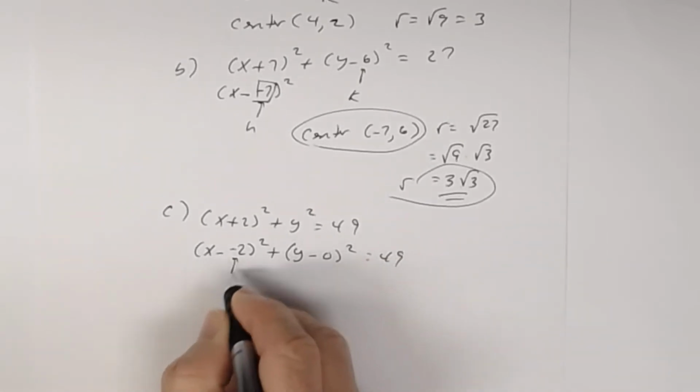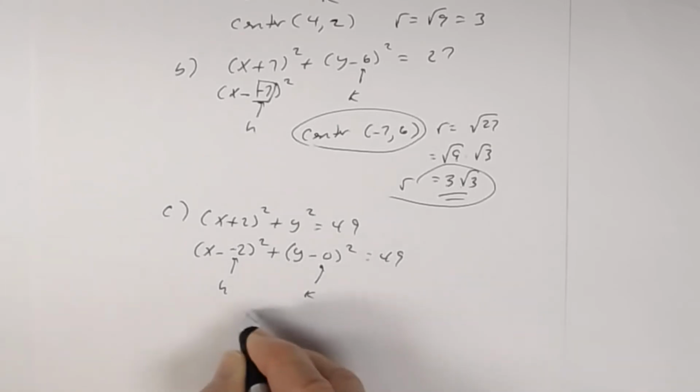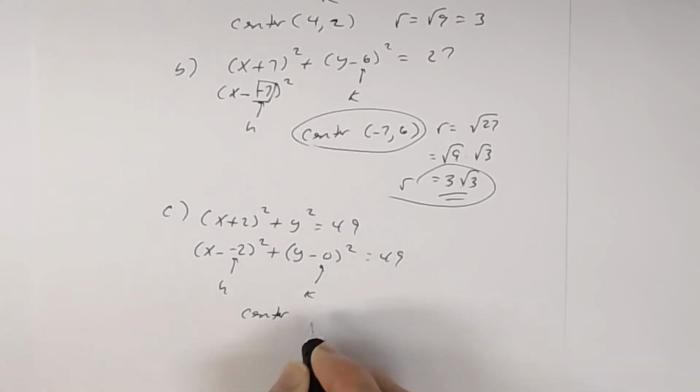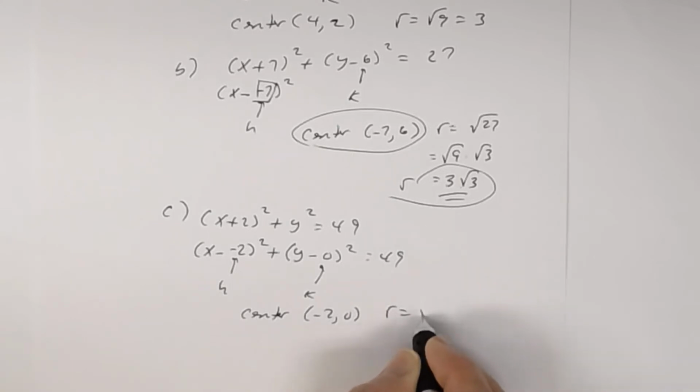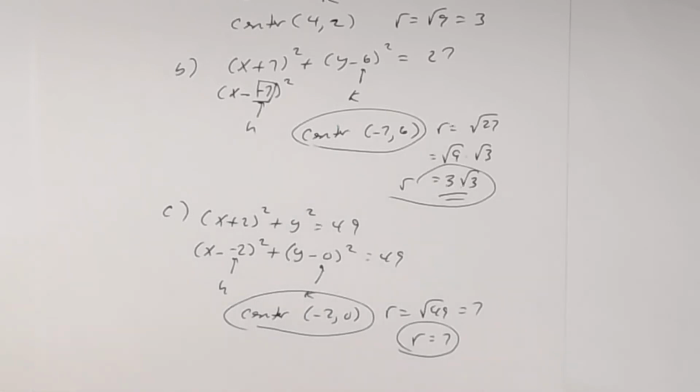So here's your h, here's your k. So my center is negative 2, 0, and the radius is the square root of 49. And 49 is a perfect square, and the square root of 49 is 7. So the radius is 7. So there's a radius, there's a center.